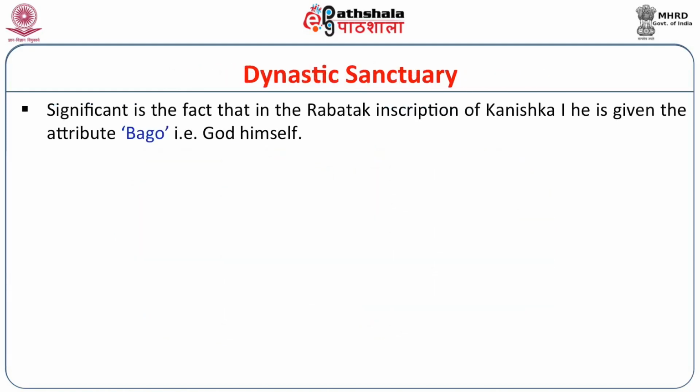There was another very interesting element in Kushan polity through which they projected their power, and that was the building or construction of dynastic sanctuary. Significant is the fact that in the Rabatak inscription of Kanishka, he is given the attribute Bago, that is God himself.